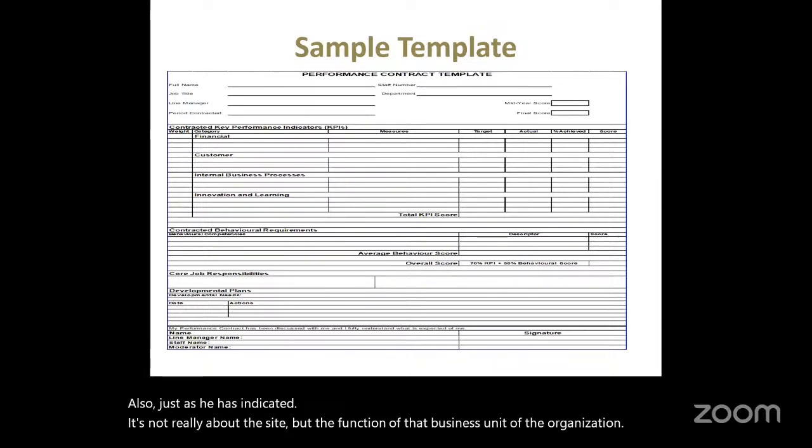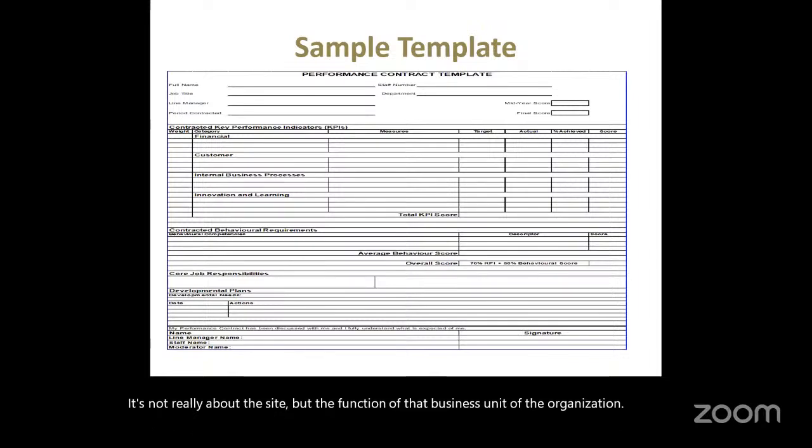But from the question, I think it's also asking whether there's a possibility to have standardized KPIs that will be applicable to all the sites. I think that is also something that is being asked, the way the question is posted. Okay, so KPIs are derived from the function.